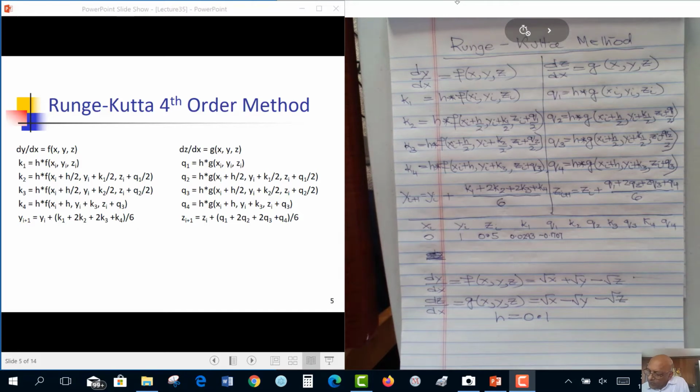All right, now let's go to K2. So we'll have 0.1 times, and we'll be midway. So we'll have square root of 0.05, that's the x value, plus the y value, which is yi, 1, plus k1 over 2, 0.0293 divided by 2, square root, minus the z value, which is 0.5 plus q1 over 2, square root.